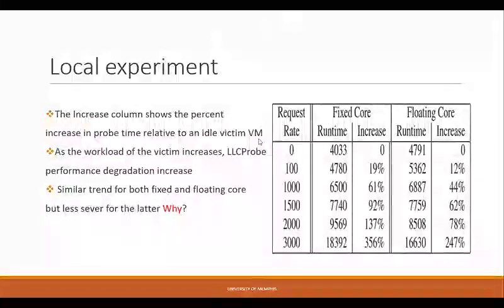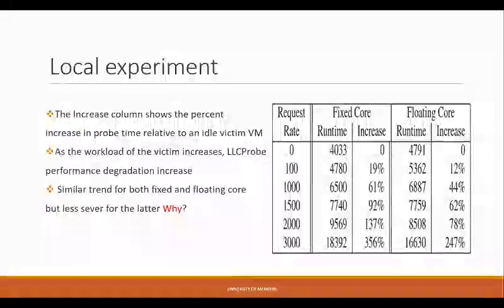First, we have our victim serving the web requests from the generator at different rates, starting at 0, which represents the ideal situation where the server is just sitting doing nothing, and then we start to increase the rate. At each rate of the web server, we are calculating our LLC and calculating the runtime.